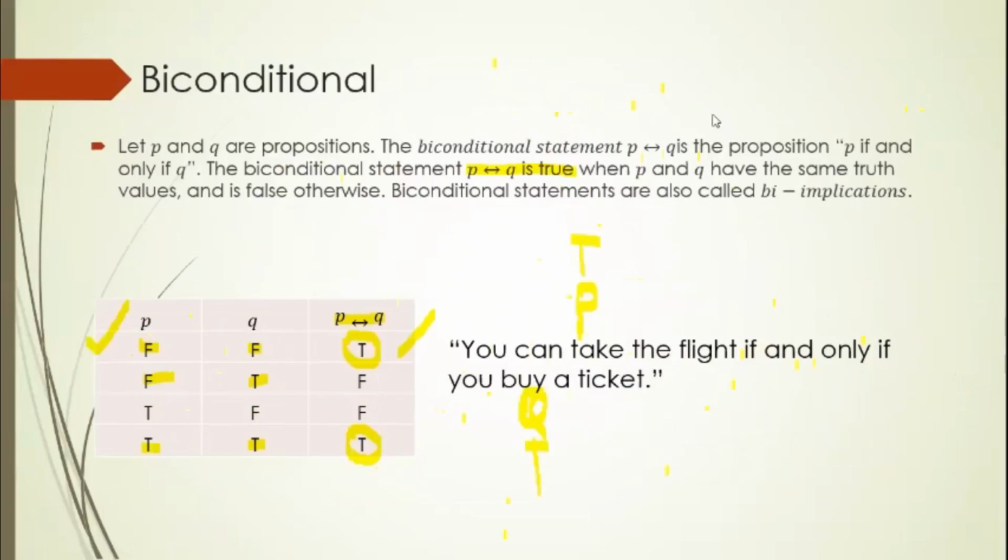Or perhaps you are carrying with you illegal substances like illegal drugs, or you might have ammunition that is not supposed to be carried during the flight. Those are some of the circumstances wherein even though you have the ticket, you cannot take the flight. What about the third condition?